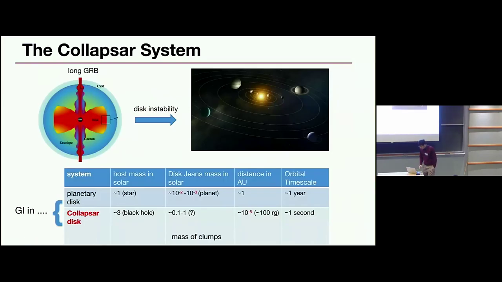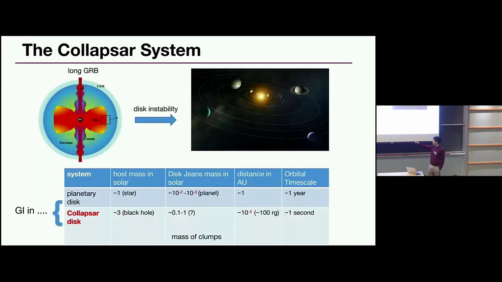So the proof of concept is that in the outer region of this disk, we may expect them to fragment into clumps. And what will these clumps become? You may say they become planetary systems, but not quite, because let's compare the typical properties of GI in a planetary disk versus a collapsar disk.